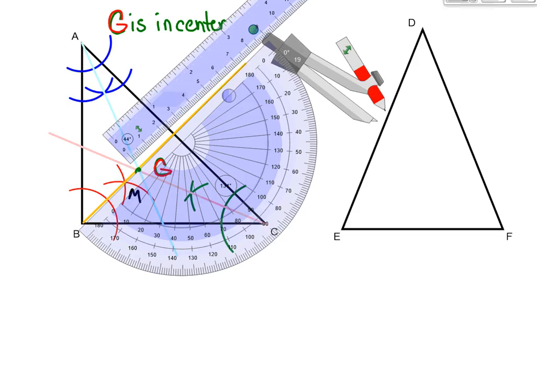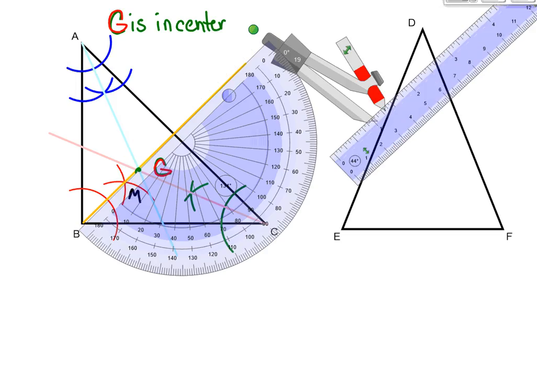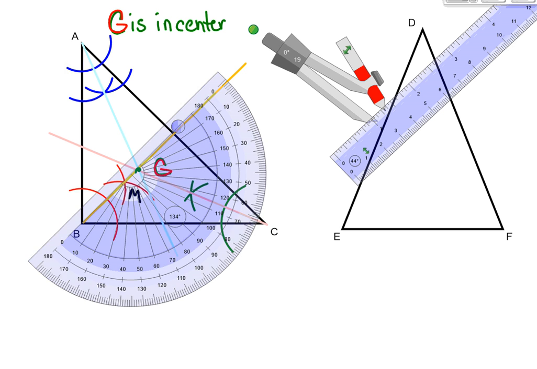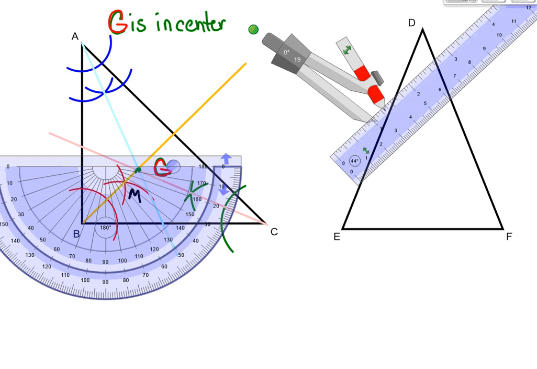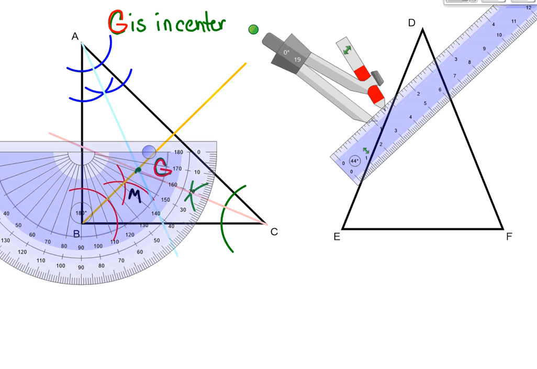Give me a head nod. Is it about 1.7 again? And what do you anticipate from G to line segment AB is going to be? It should be 1.7.